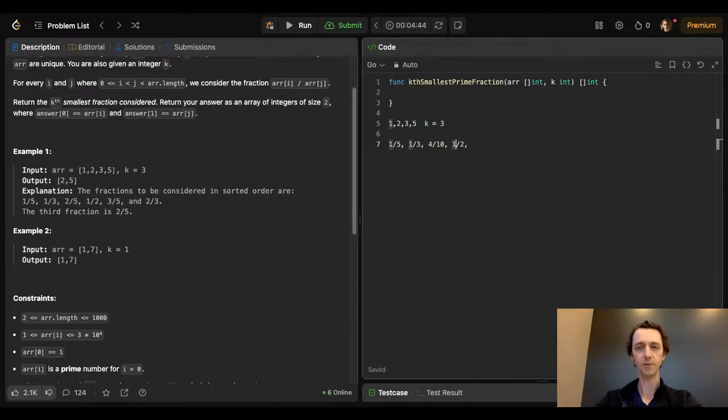Yeah, so this is 5 divided by 10. So it's bigger. And we need to return what? The third, like 2 divided by 5. 2 and 5. The third fraction is this. Okay. All right.